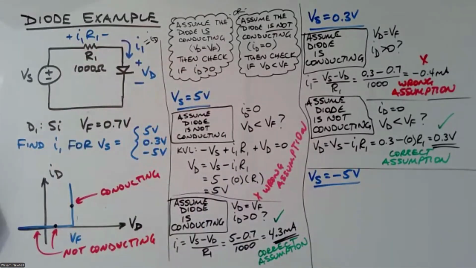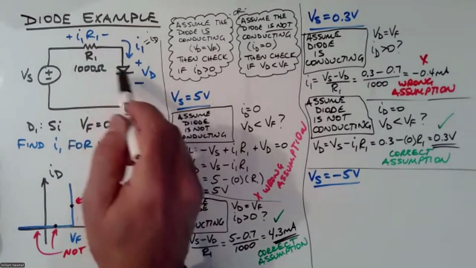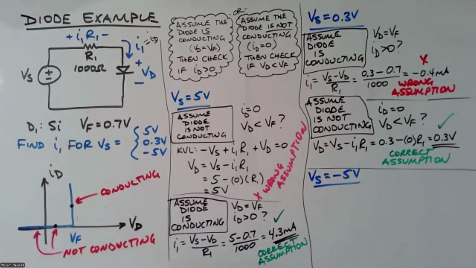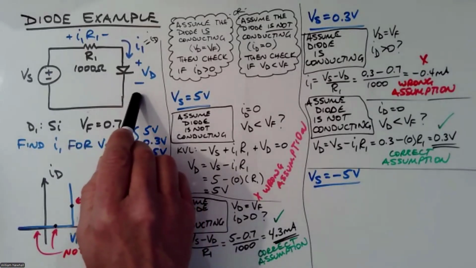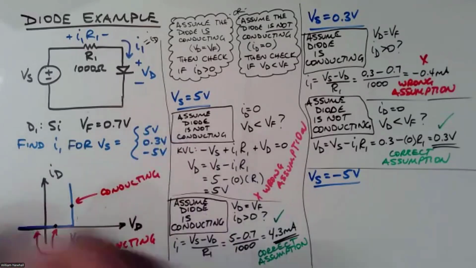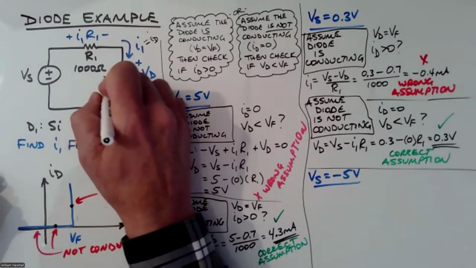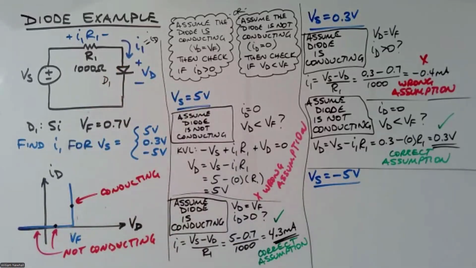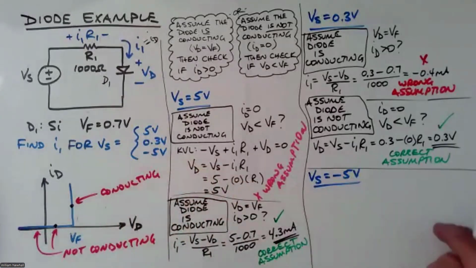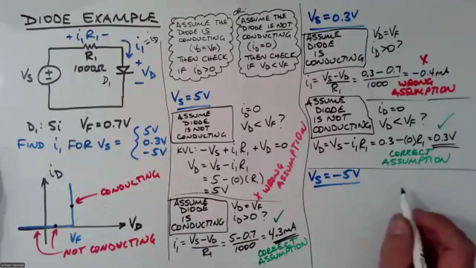If this were just a resistor without a diode, current would try to flow counterclockwise. But that would mean that current is flowing in the reverse direction through this diode. I didn't label it D1 here. So I think that this diode will not be conducting. So let's make that assumption.